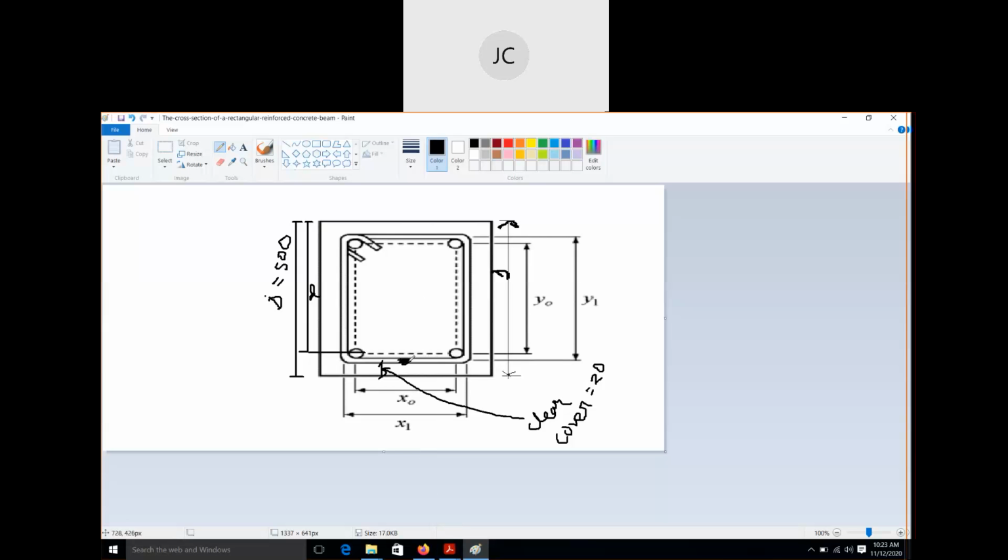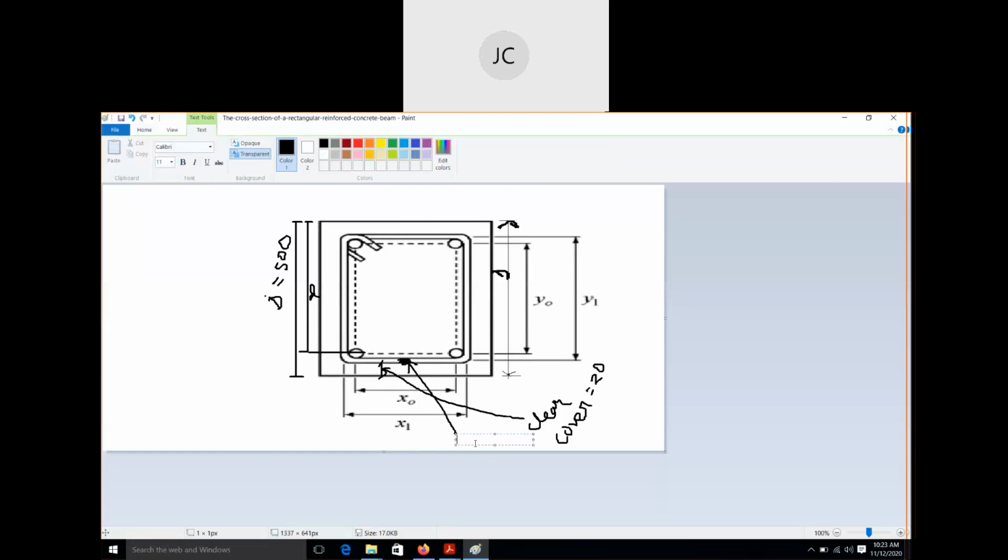This is our stirrup. And the diameter is how much? 8 mm. Yeah, 8 mm.